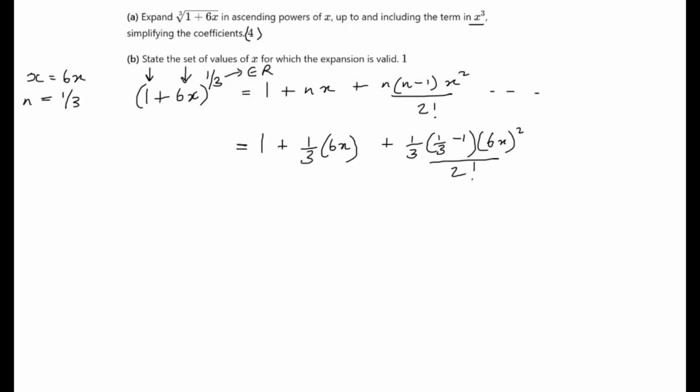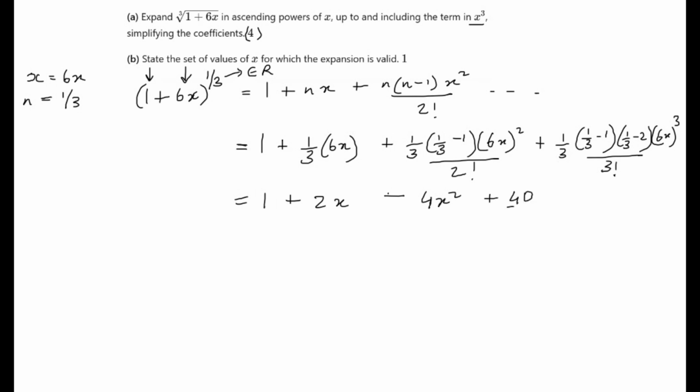We've reached the x squared term, so that is plus (1/3)(1/3 - 1)(1/3 - 2)(6x)³ over 3 factorial. You can now simplify this, just put it into your calculator, don't bother to do it manually. So 1 + 2x - 4x², that's the third term, and the last term is plus 40/3 x³.